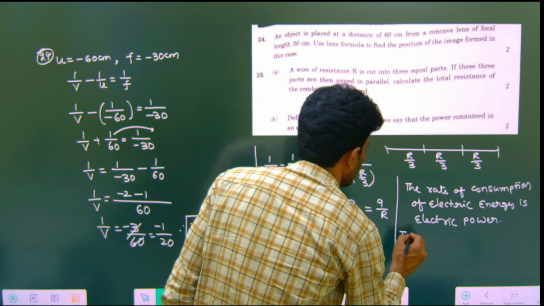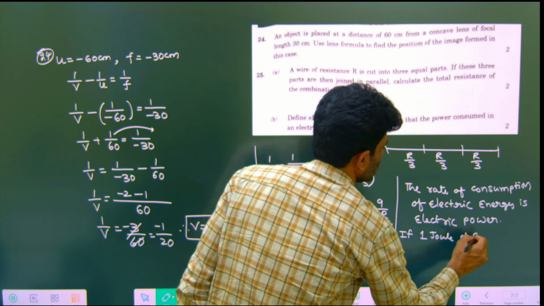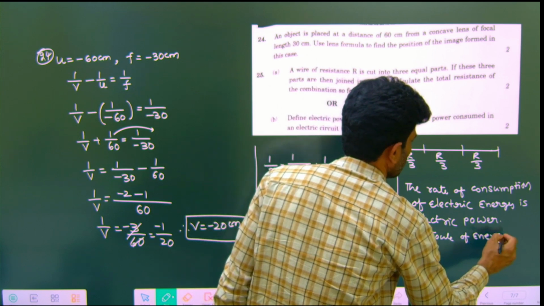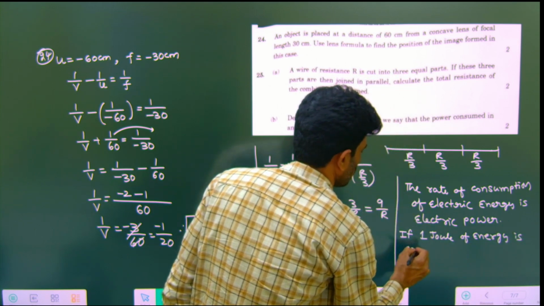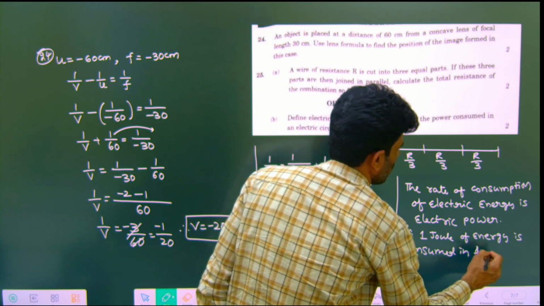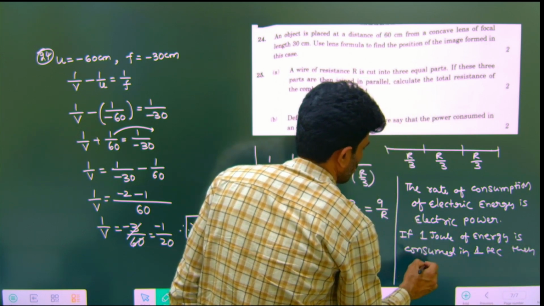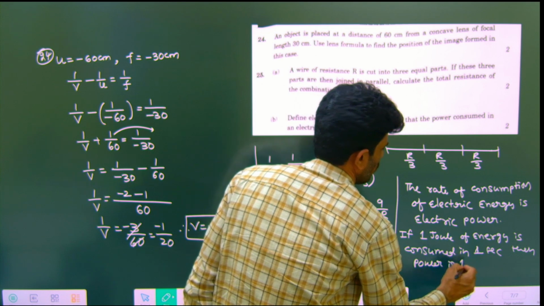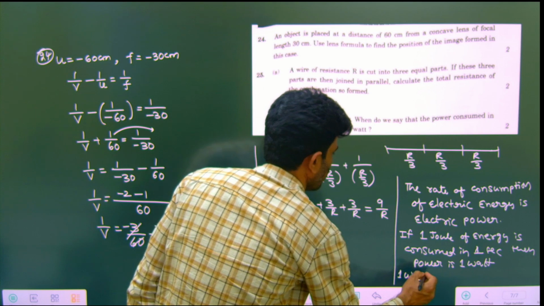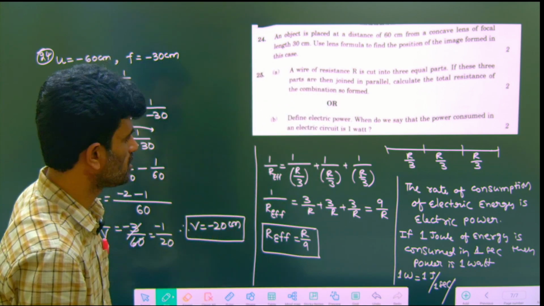If 1 joule of energy is consumed in 1 second, then the power is called 1 watt, because 1 watt is equal to 1 joule by 1 second. Hope you understood this.